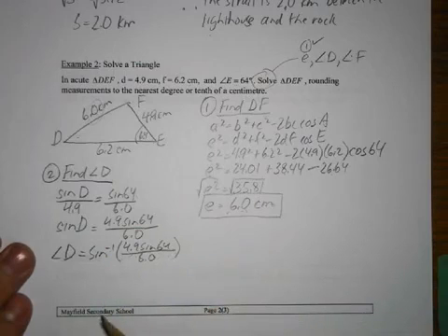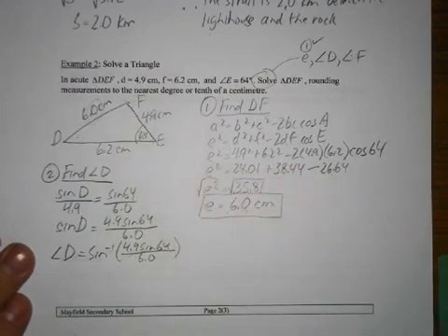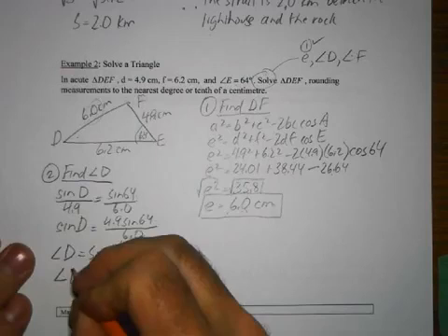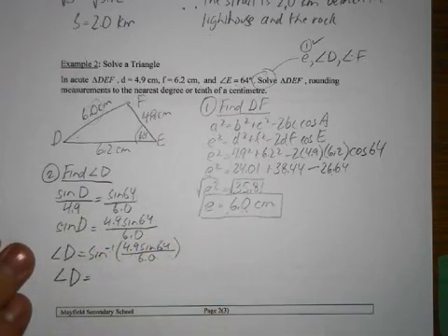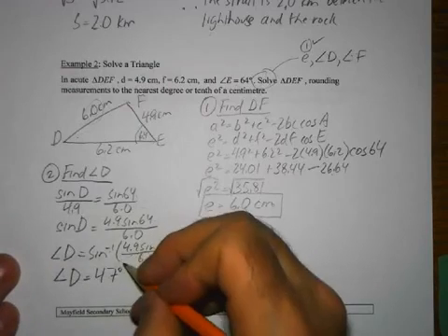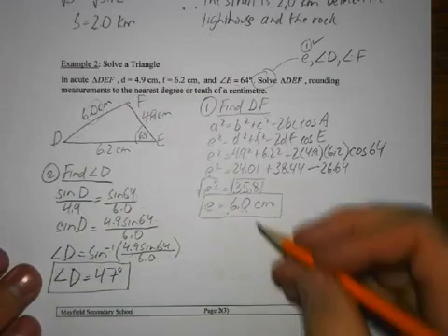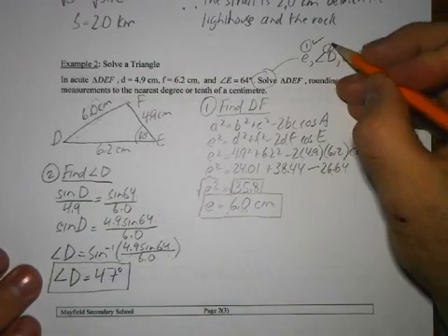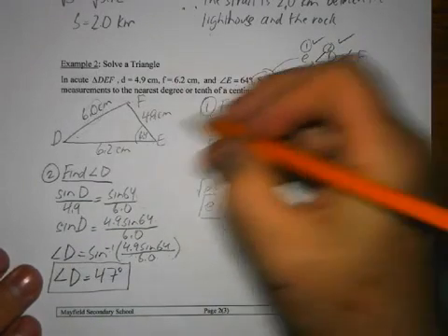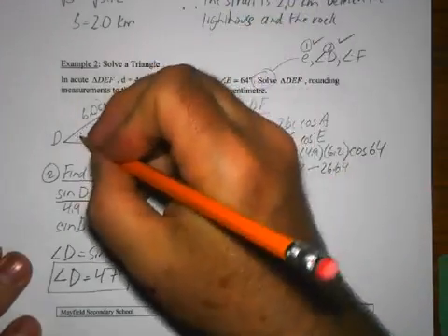Okay, I don't want people rounding here, here, here, because then the answer gets a little bit off. So when I do that in the calculator, I get that rounds to 47 degrees. There's my second piece of information from the triangle. So I've got that. I go back up here. Angle D is 47.